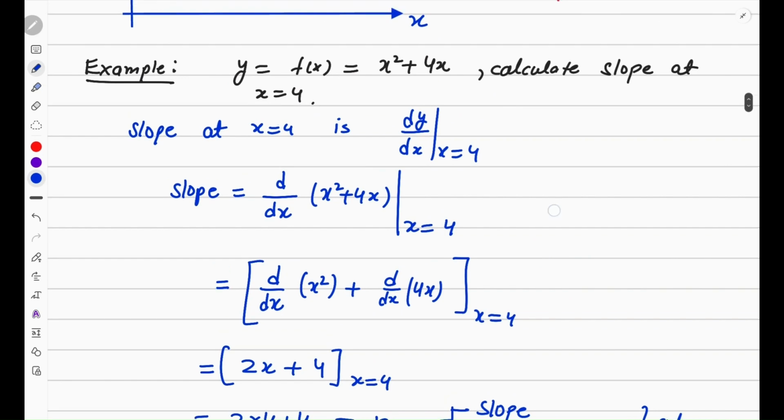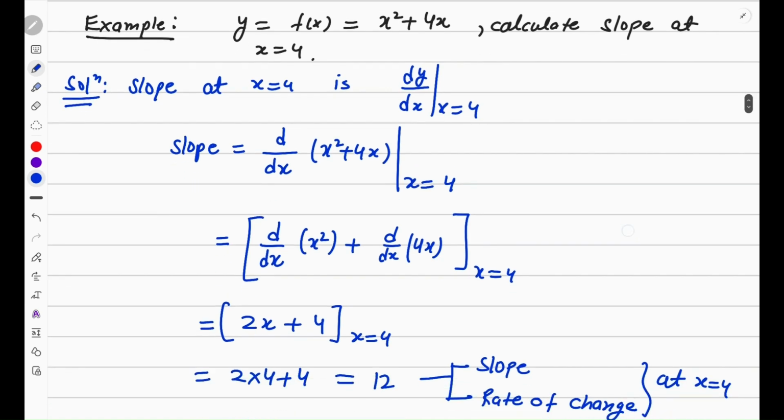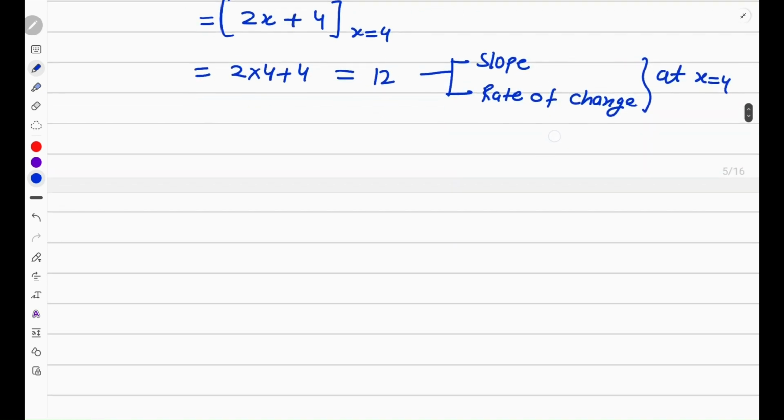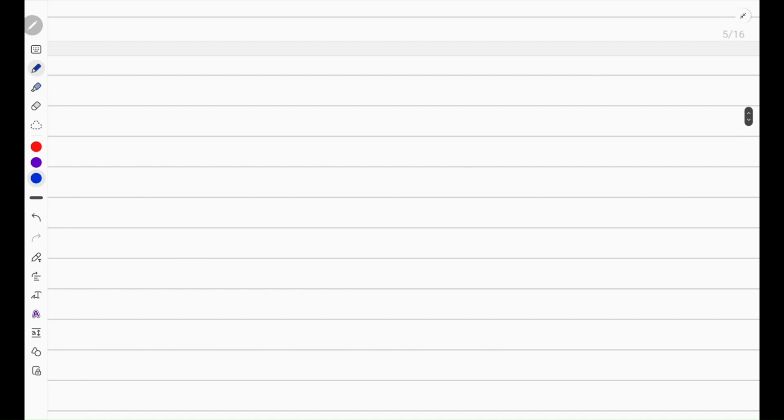So we can use the differentiation method to calculate the rate of change for any particular equation. So we can take one more example where we have a different variable.